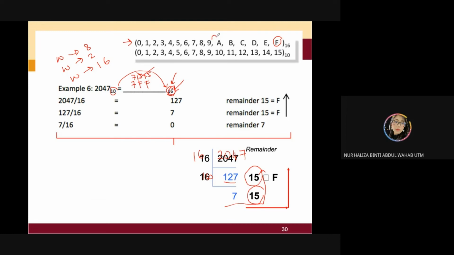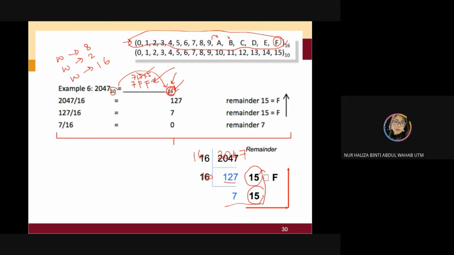After 9, it will be A, B, C until F, isn't it? So this is the only representation that can be here in your base 16. So you cannot have 14 or 15, 15 and so on.